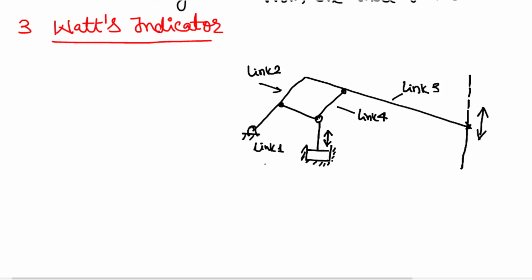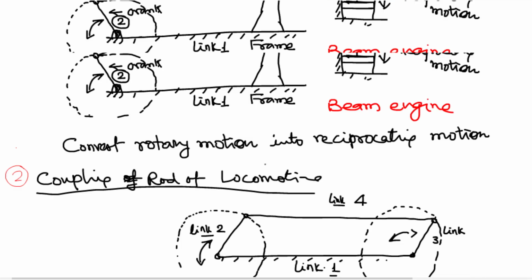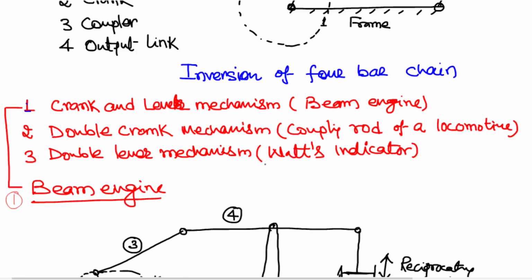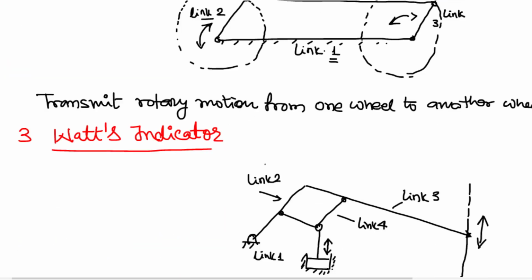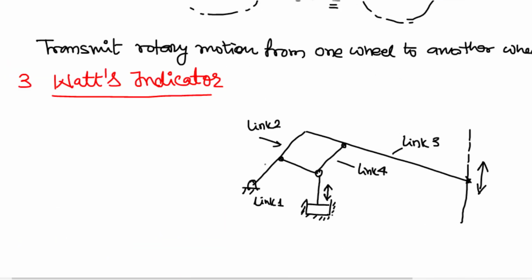So there are 3 examples of inversion of 4-bar chain: beam engine, coupling rod of locomotive, and third, Watt's indicator.